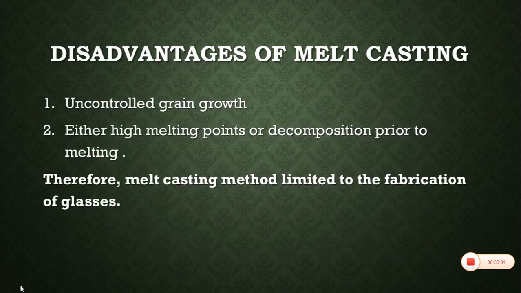But melt casting techniques have certain disadvantages. First, the grain growth is uncontrolled, and this uncontrolled grain growth causes severe problems and leads to the production of ceramics having undesirable properties, like low strength. Another problem with this technique is the fabrication of certain ceramics that have very high melting temperatures, like zirconium oxide, which has a melting temperature of 2600 centigrade.